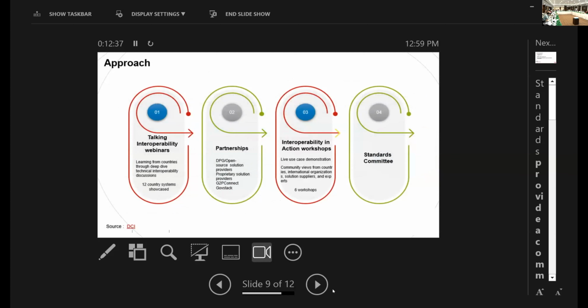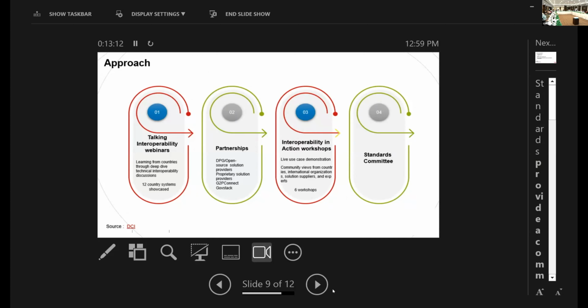And how the DCI does this approach, you're very welcome to join. At the end of the slide deck, you'll see some ways of joining the Digital Convergence Initiative as well. The DCI secretariat is housed at GIZ. They run interoperability webinars, so that you get more of what you're hearing from me in more depth, with country examples and practical examples.